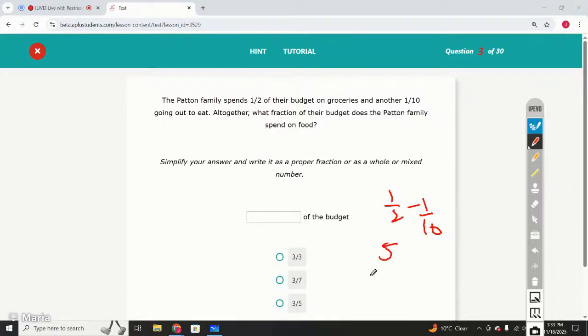So we need to multiply the fraction by 5. 5 by 10 plus 1 by 10. Altogether, what fraction we need to add. That is 6 by 10, or we can write it as 3 by 5. The correct option is 3 by 5.